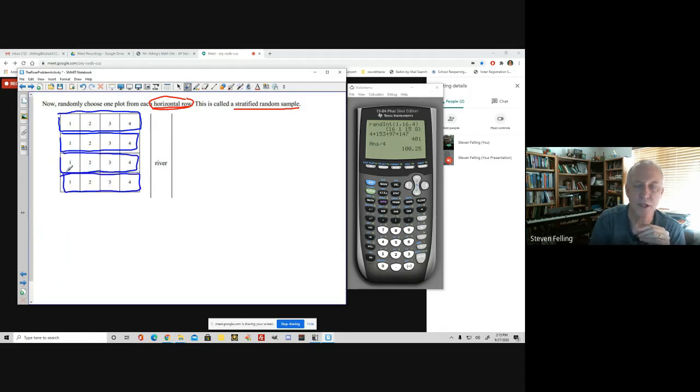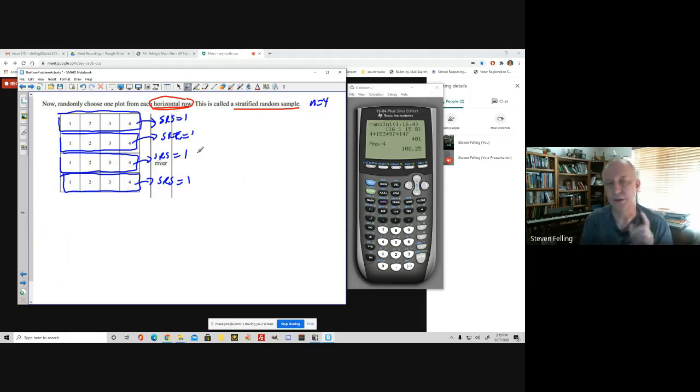The way stratified random sampling works is if I need a sample of 4, and I've got 4 groups, I'm going to take a simple random sample of 1 out of each group. So this is different than cluster sampling.